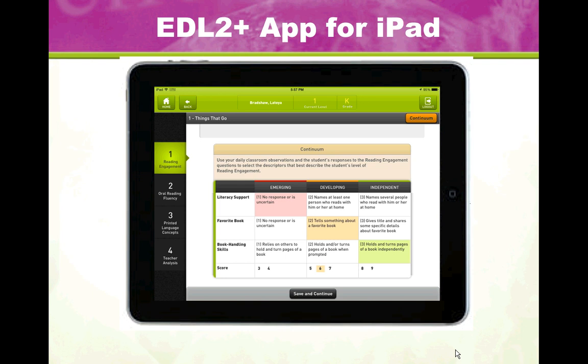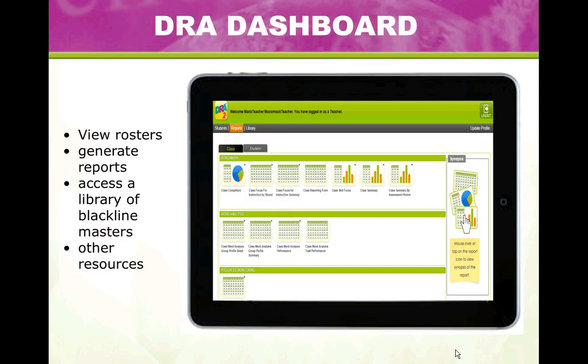It also is going to, you're going to score at point of use, and then it's going to capture all that data and sync it to the DRA dashboard. And so here, this will allow you to view reports and get all that information within minutes after the assessment.